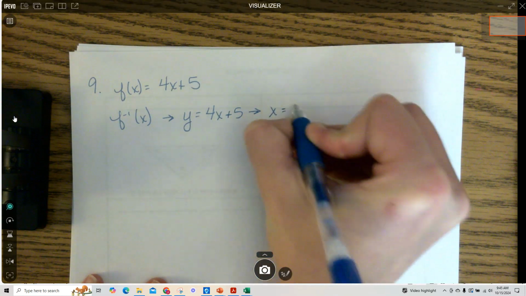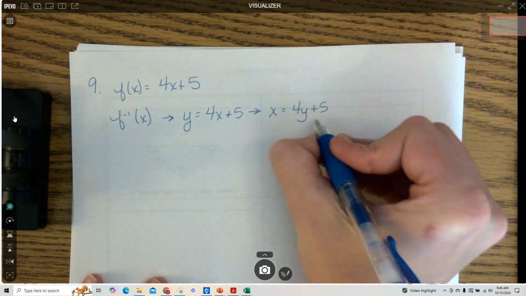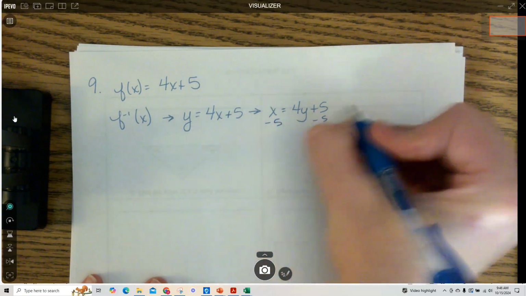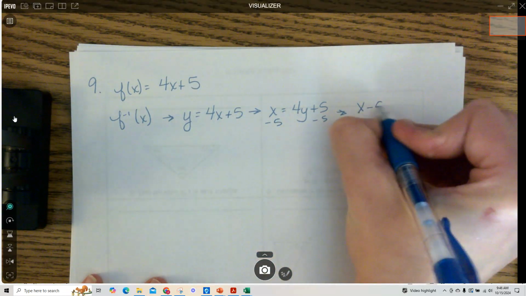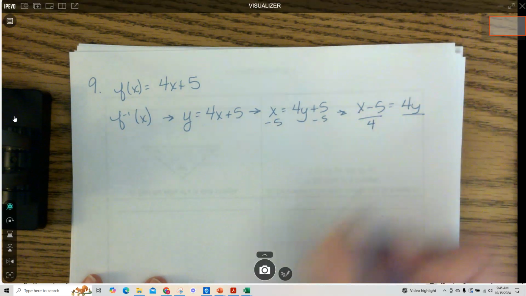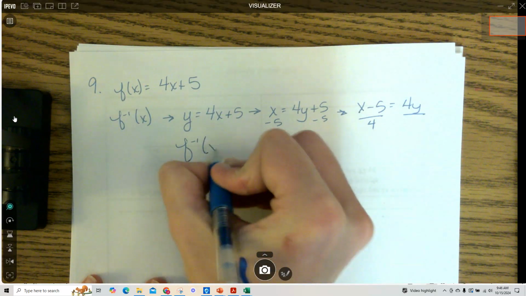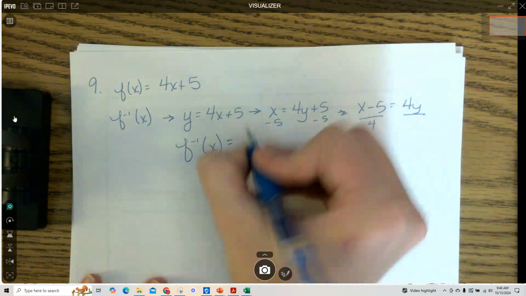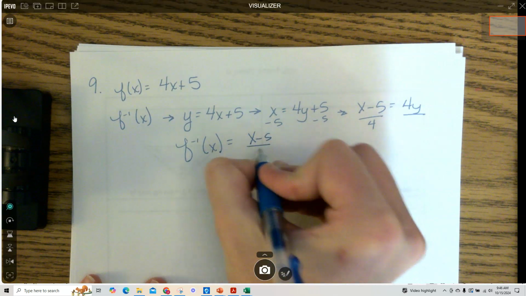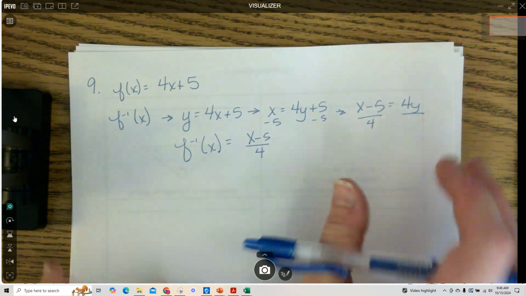Switch the x and the y, and then solve for y. So we would subtract 5 from both sides and we'd have x minus 5 equals 4y. Divide both sides by 4, and we would have f to the negative 1 of x equals x minus 5 over 4. That would be your inverse.